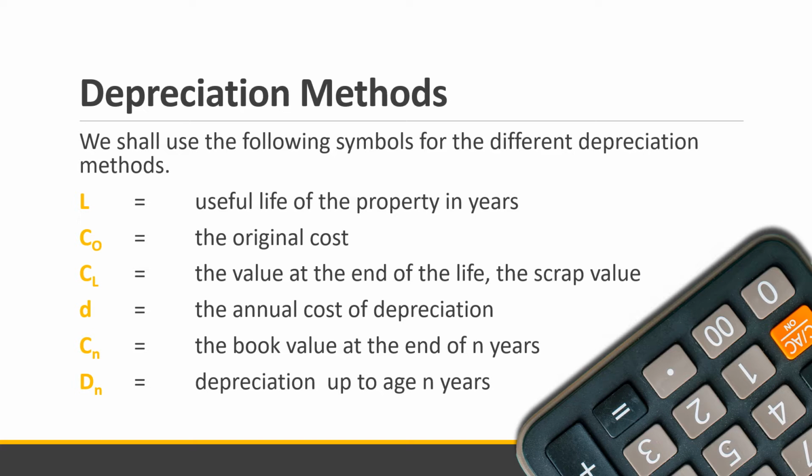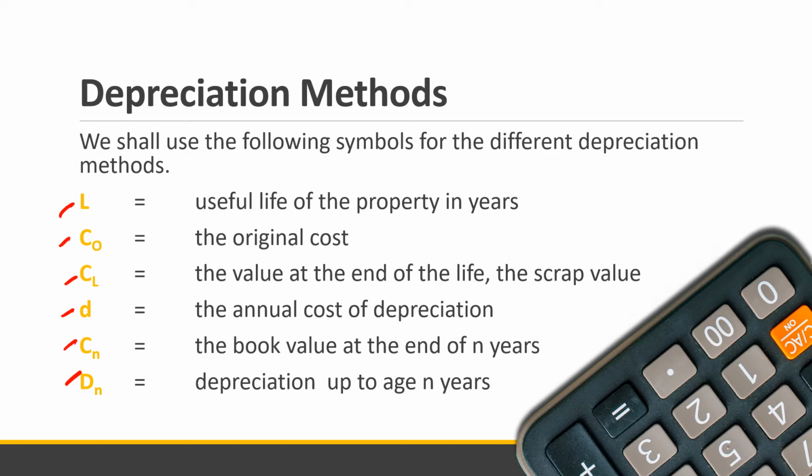We will first identify the variables or symbols involved in the different depreciation methods. There are different depreciation methods, but these variables are present in all of them. We shall use the following symbols. L is the useful life of the property in years.